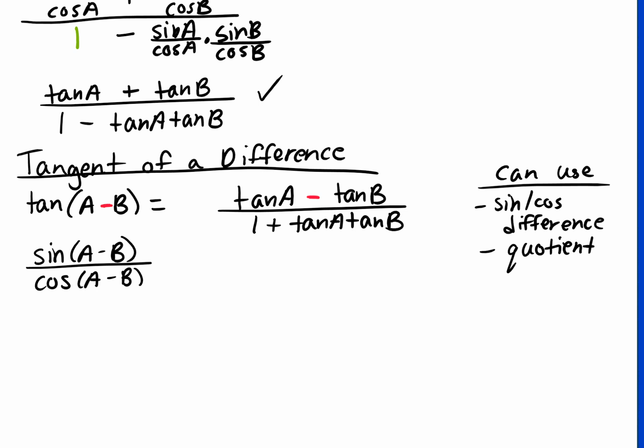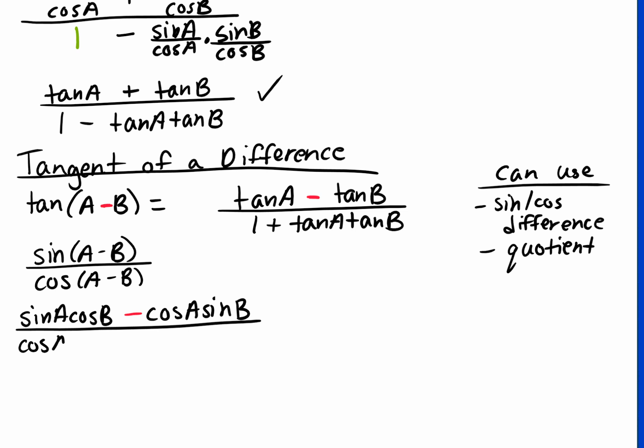So use the quotient, I'll expand sine A cosine B minus, so notice that the tangent and the sine both use that same sign from their original, and then cosine A cosine B plus sine A sine B. And same result that we're doing before, we're trying to change that bottom left corner into a 1.